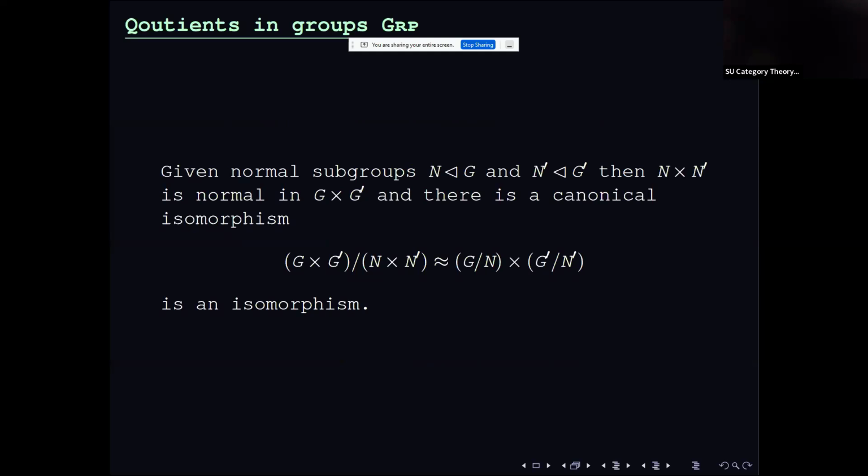So for instance, in the category of groups, if we were given two normal subgroups, N a normal subgroup of G and N' a normal subgroup of G', then the product of the two normal subgroups is normal in the product of the large groups, and there's this canonical isomorphism between the quotient of the product and the product of the quotients. And this isomorphism is guaranteed by the first isomorphism theorem, where the product of the quotient maps has N cross N' as its kernel.